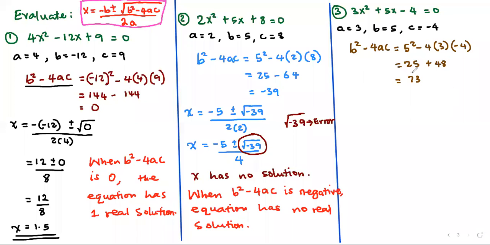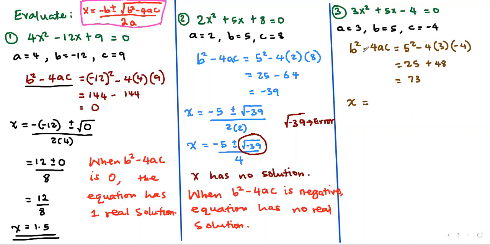Now, since we know b squared minus 4ac is equal to 73, let's bring in our formula. Our formula is that x is equal to minus b. Here b is 5, so it is minus 5 plus or minus the square root of b squared minus 4ac.